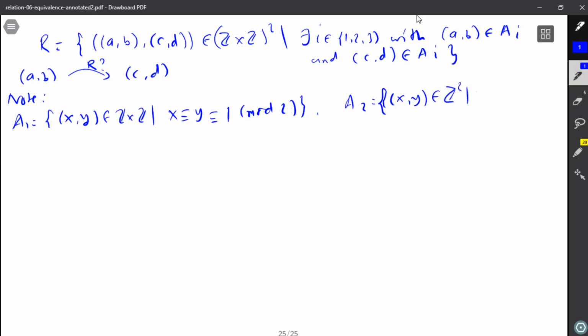So x and y must have different parity, so odd and even, or even and odd.